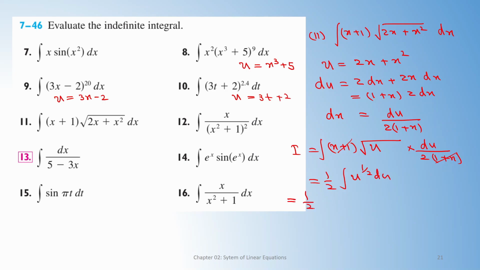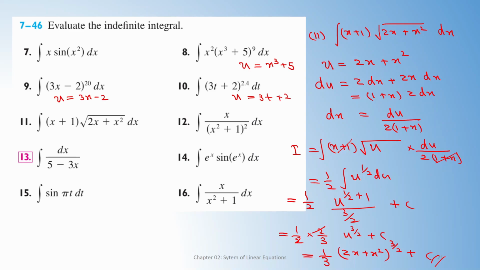Then half of u to the power half plus 1, which is 3 over 2, plus integral constant. Half of 3 over 2 becomes 2 over 3, u to the power 3 over 2 plus c. So 2 is cancelled, leaving 1 over 3. U is our substitution 2x plus x squared, to the power 3 over 2, plus integral constant. So that's the solution.